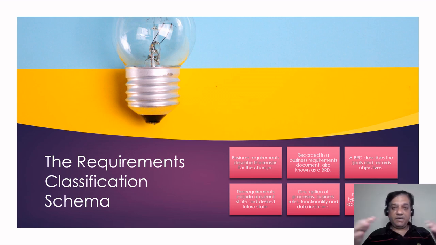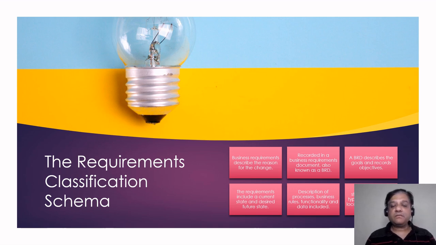They bridge the solution and the business requirements and provide specific information about the solution to be delivered. For example, a stakeholder requirement might read: the customer account record shall include account number, customer name, customer billing address, customer shipping address, phone number, and website URL.